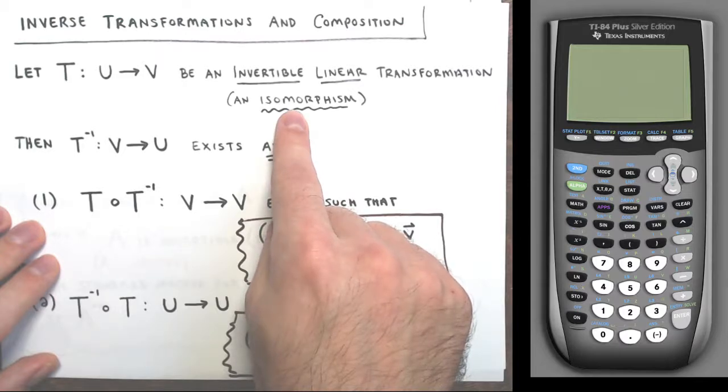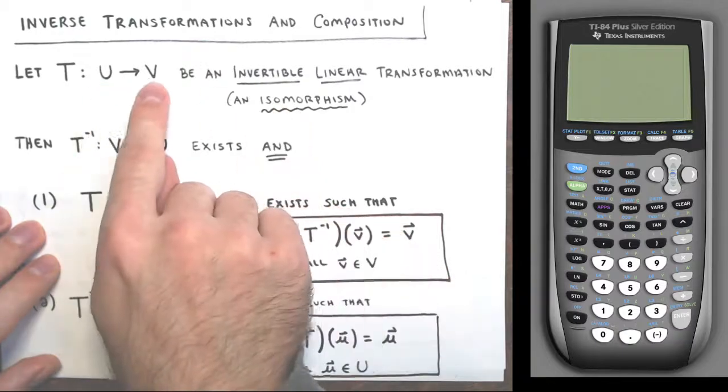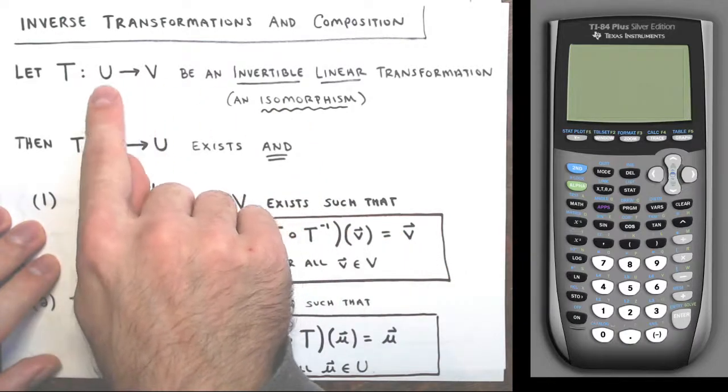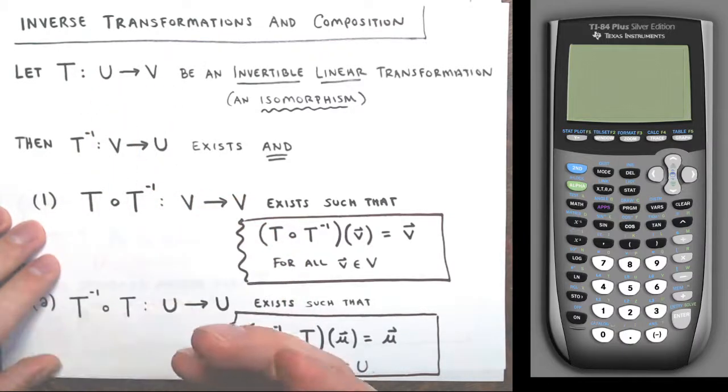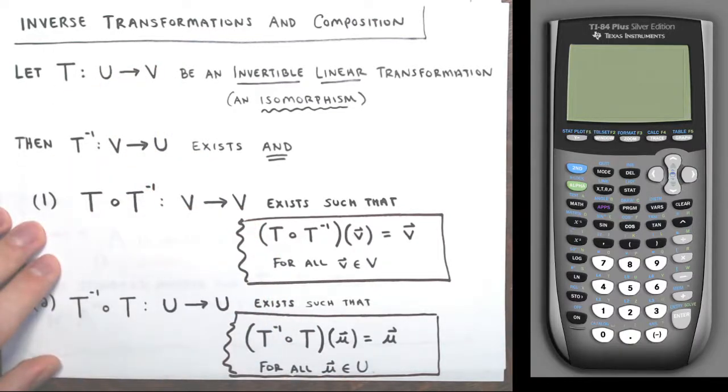And if there's an isomorphism between two vector spaces, those vector spaces are called isomorphic. The only way two vector spaces could possibly be isomorphic is if they have the same dimension, as I mentioned before. So when you're talking about invertible linear transformations, the dimensions of the domain and codomain have to be the same in order for it to even possibly be invertible.